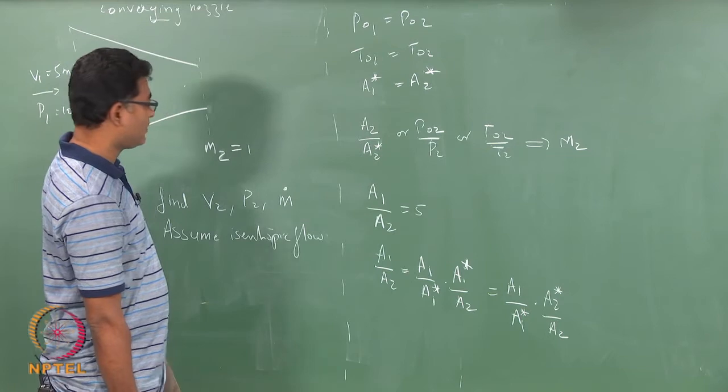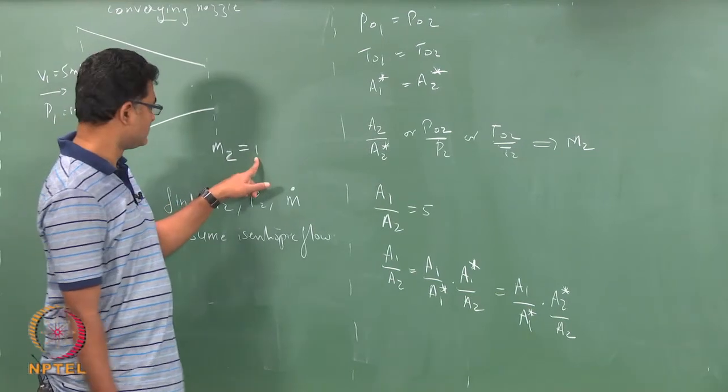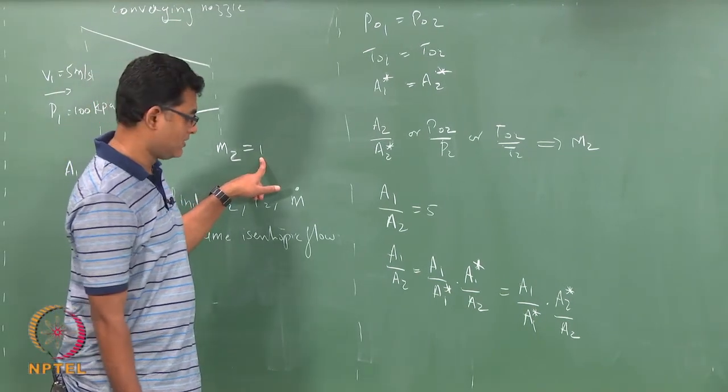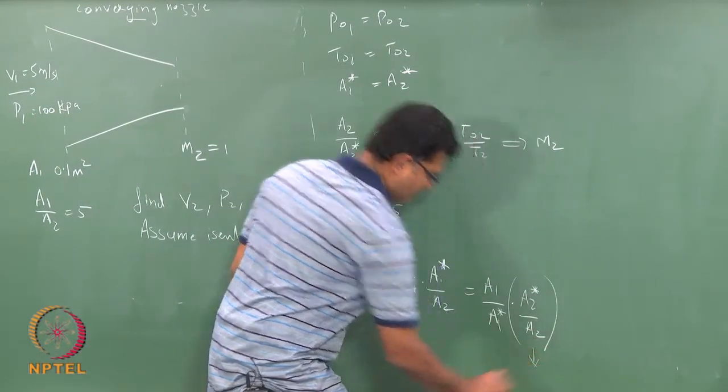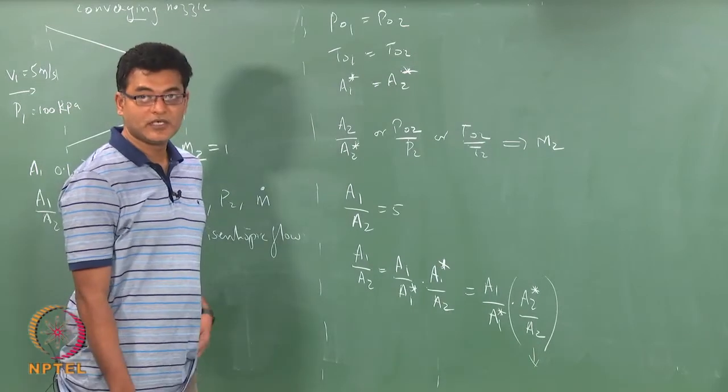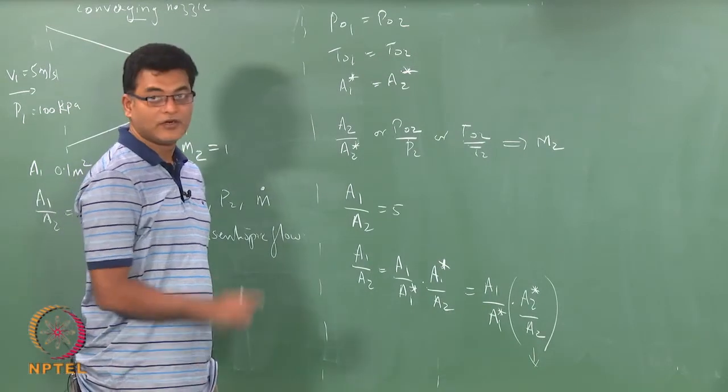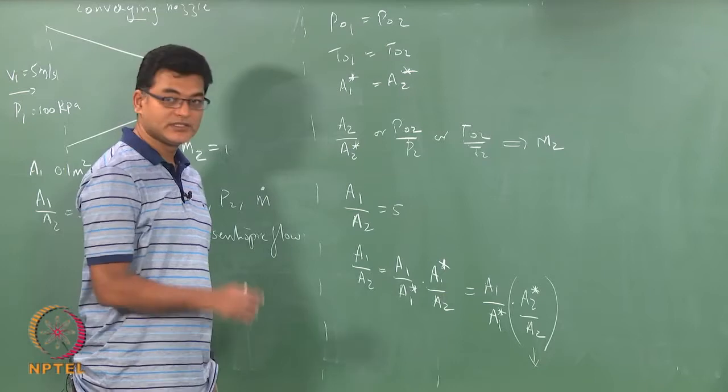Wait a minute, we are already given M2 equals 1. So, I can get the appropriate A2 by A2 star where M2 is 1, which is 1.